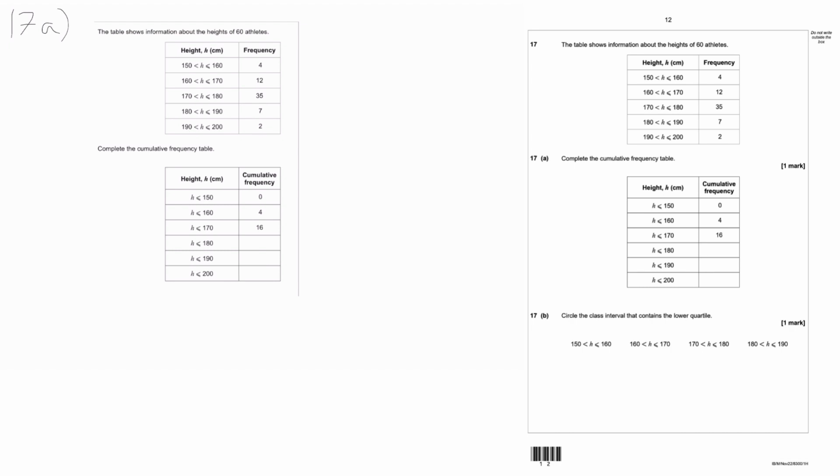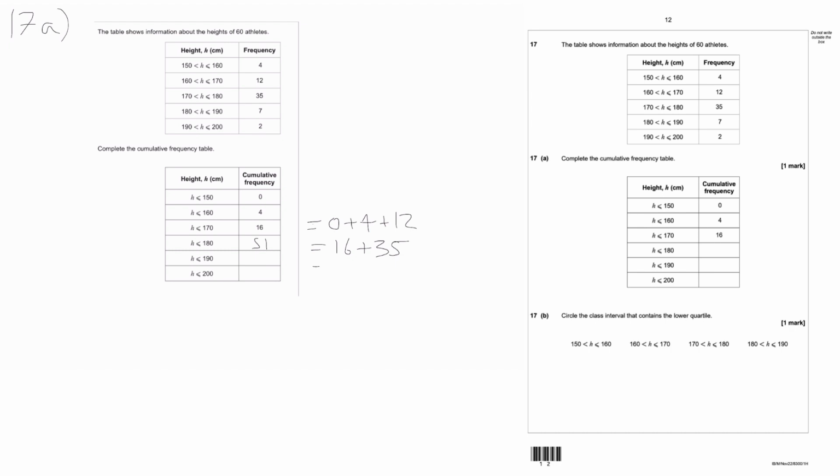So we had 4 in the interval greater than 150 and equal to or less than 160, and 12 greater than 160 and equal to or less than 170. So the total up to that point is 4 plus 12, which is 16. Continuing on those lines, for height equal to or less than 180, it is going to be this 16 that we've just recorded plus the 35 in that 170 to 180 interval.